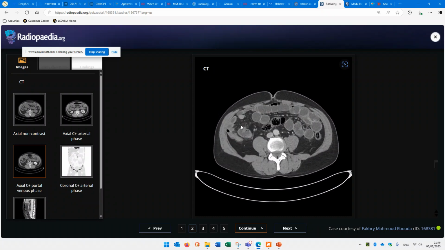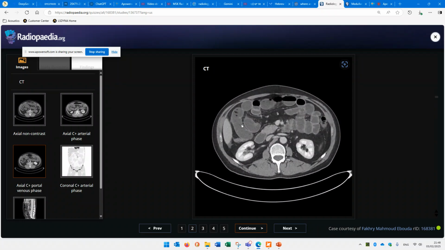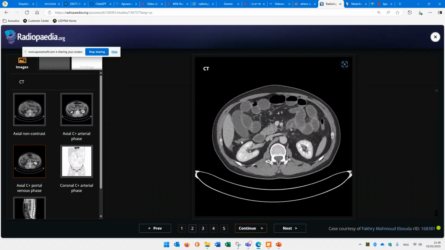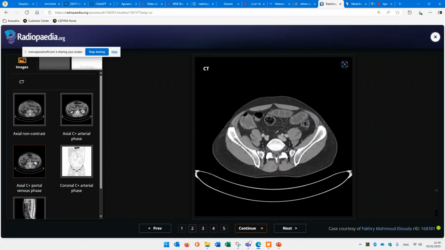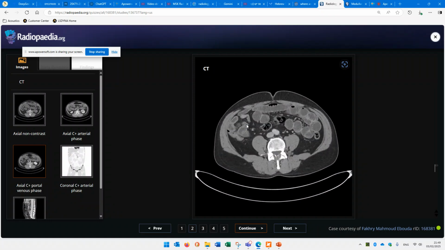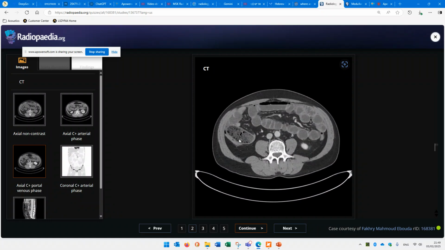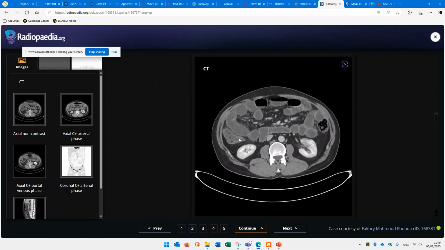But it seems like just a bowel loop. So this is the appendix? No, of course not. So where is it? Where is the appendix? Hello?